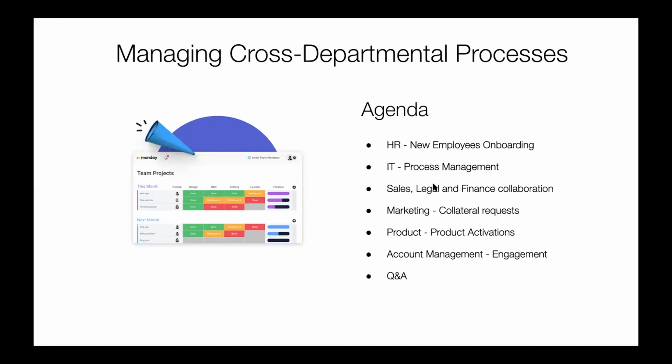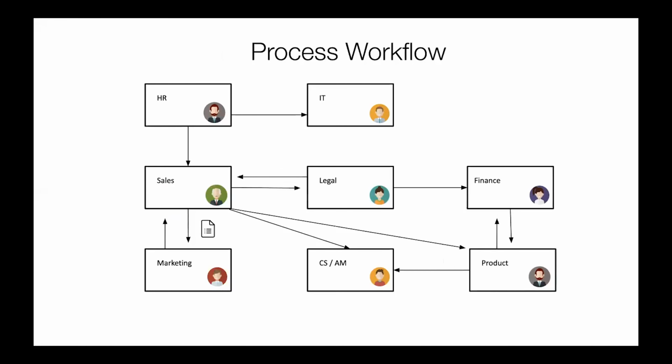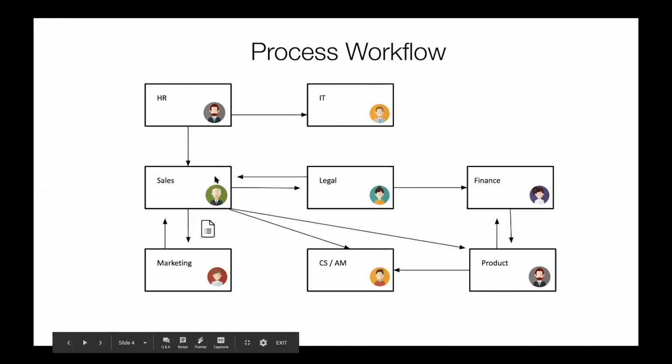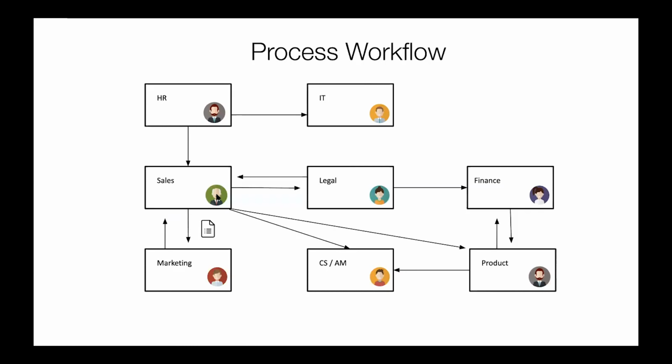Moving forward to show you the idea and what we're about to cover today. We're going to go through this process on monday.com, how you're able to do all this collaboration. We're going to go with Peter. Peter is a new person who joined the company. He needs to go through HR, then IT needs to take care of him. Later, he will join the sales team. He needs to work on his pipeline and do some activities in order to reach out to his customers.